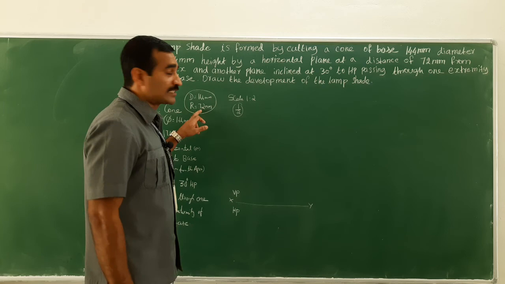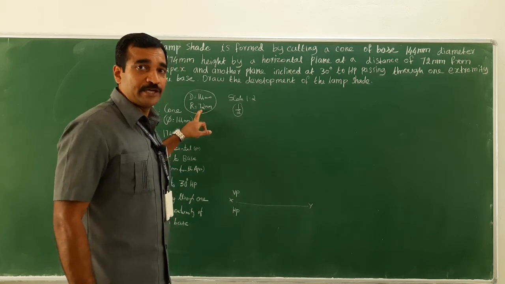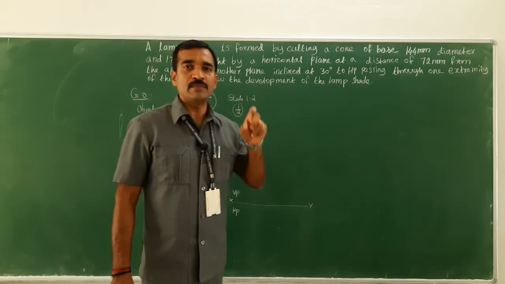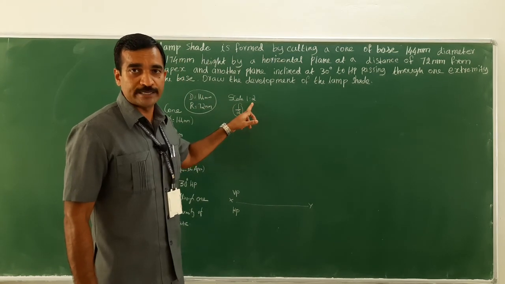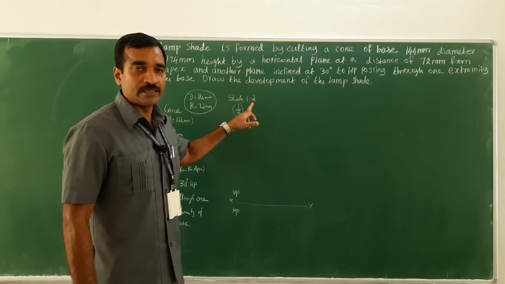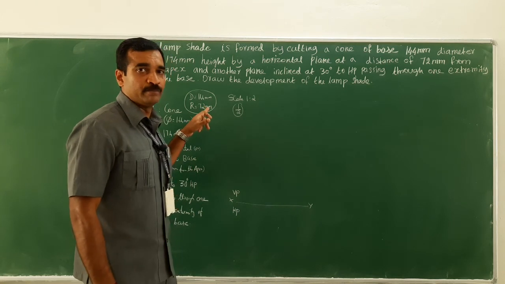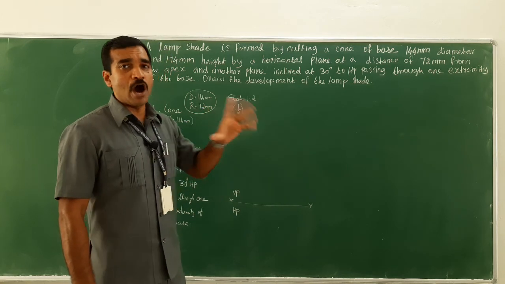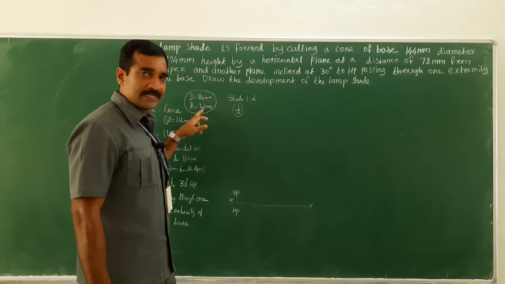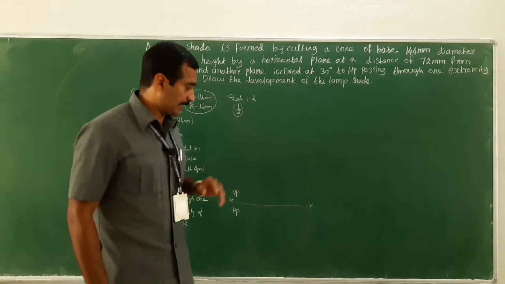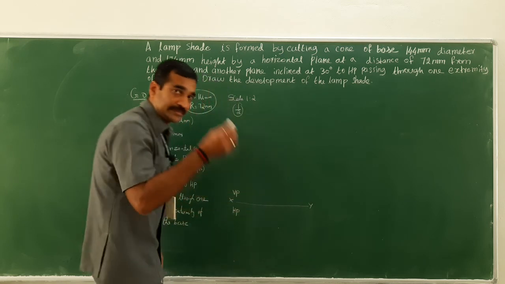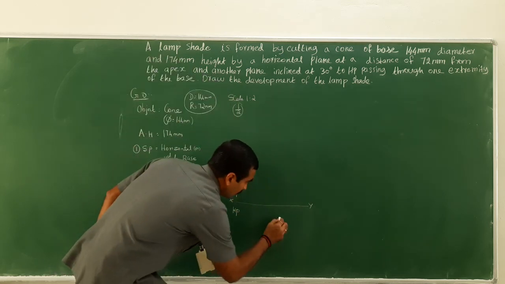So if the radius is 72 mm, then I need to consider 36 mm as radius, because whatever dimension is given in the question, I need to consider half of it. So take 36 as radius and draw a circle.